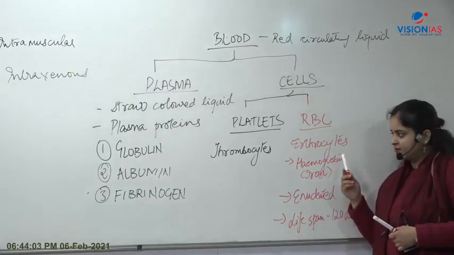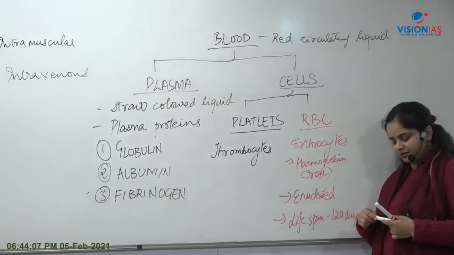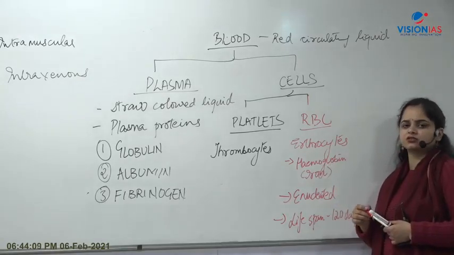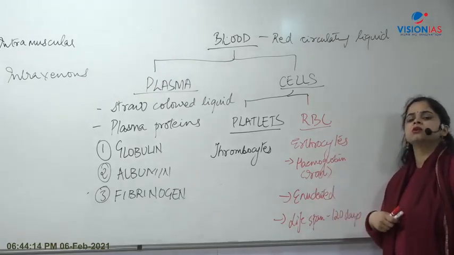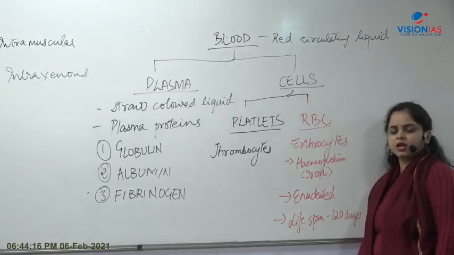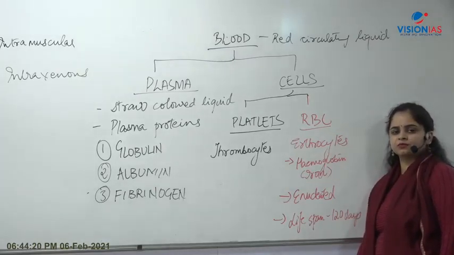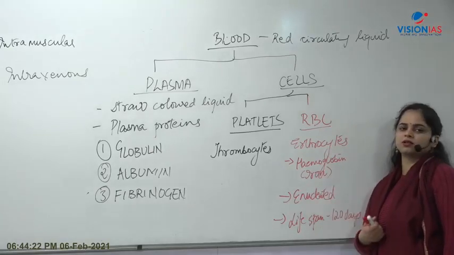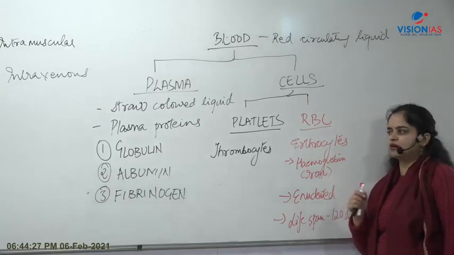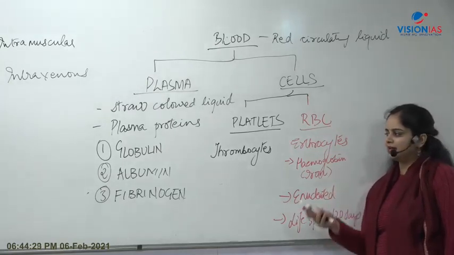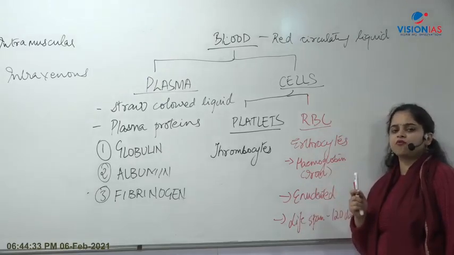Okay. What is the function of red blood cells? You know the function of red blood cells now. It is gaseous exchange. Or you can simply write down hemoglobin transports oxygen. And hemoglobin is found in red blood cells. So transport of oxygen is the main function here. Platelets or thrombocytes, clotting of blood, erythrocytes, transport of oxygen.